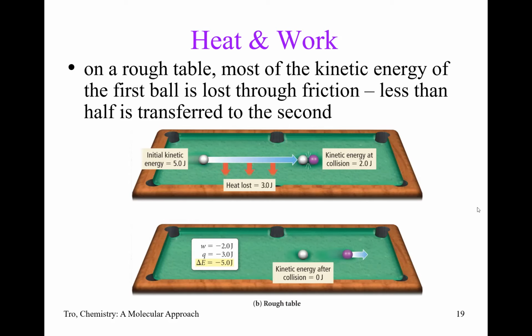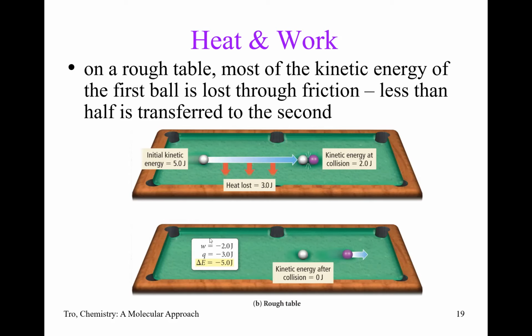And if you've ever watched or played or like ice hockey, the hockey puck has very little friction on the ice. So that's why when they hit the puck, it takes quite a bit longer for it to slow down, versus when you play pool, the balls eventually stop moving. It doesn't last nearly as long.